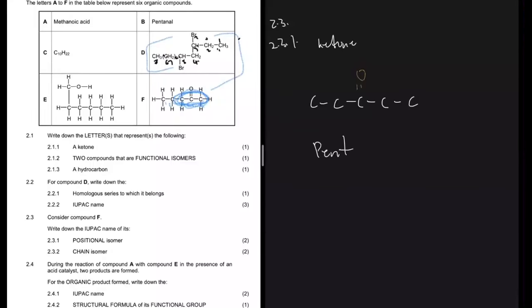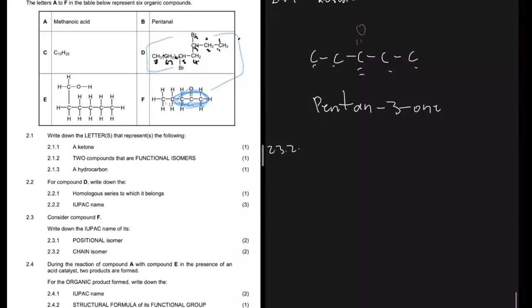So now the name becomes 1, 2, 3, 4, 5, that is pent, right? Pentan, and then 1, 2, 3. If you count from the left or from the right, you get to the oxygen double bond after you've moved past 2 carbons. So that is pentan-3-one. That's how you name the positional isomer of compound F.